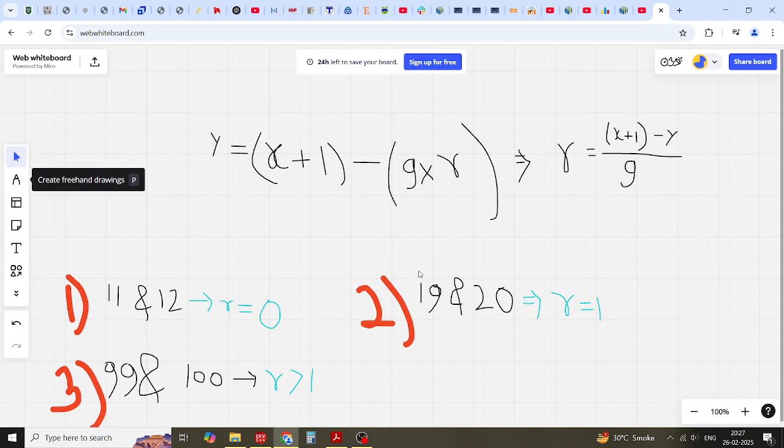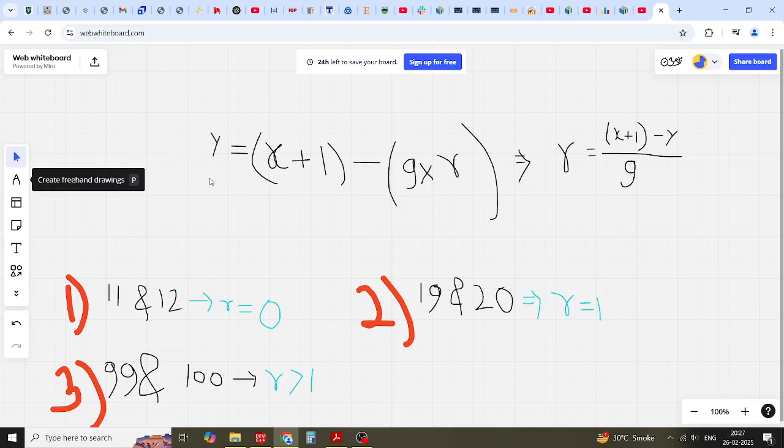In the second case, r is equal to 1, where you have consecutive numbers but the last digit of n is a 9. Actually these two cases are the same, because here also the last digit is 9. I have made it two separate parts because from here onwards, if you take an example like this, then r will be greater than 1. So that's why I took these three different cases.